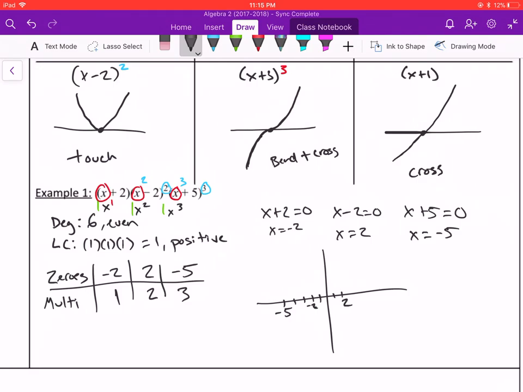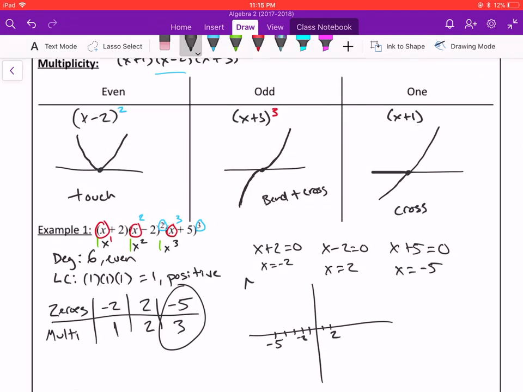So we know it's going to cross at all those points. We know the degree is even, so we're going to start positive. And at negative 5, we're doing this first, the multiplicity is odd, so we're going to bend and cross. Then at negative 2, the multiplicity was 1, so we're going to go up and cross it at negative 2.